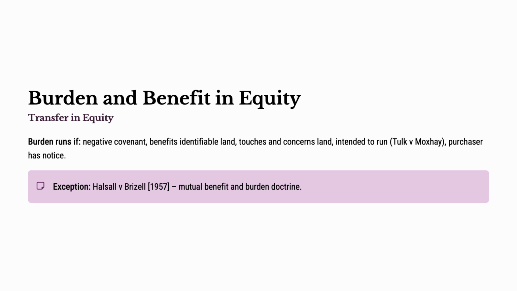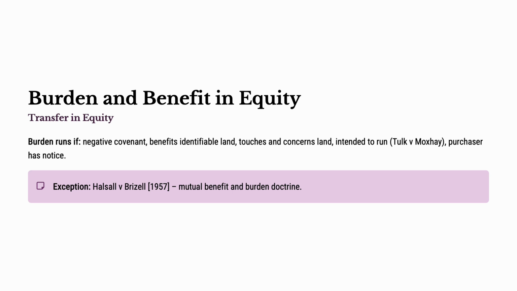So if all 5 requirements are satisfied, equity treats the burden as binding the servient land itself, not just the original covenanter. The current owner of servient land can be sued directly for breach even though they were not party to the original covenant.